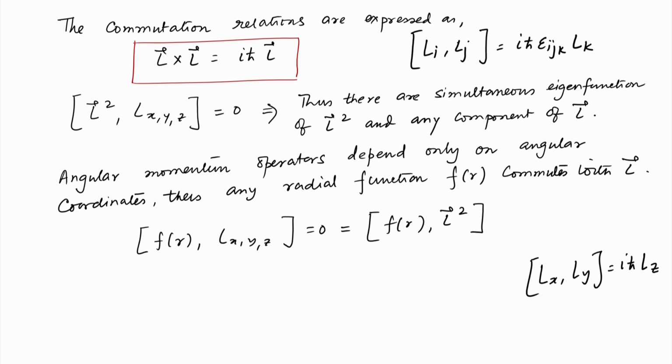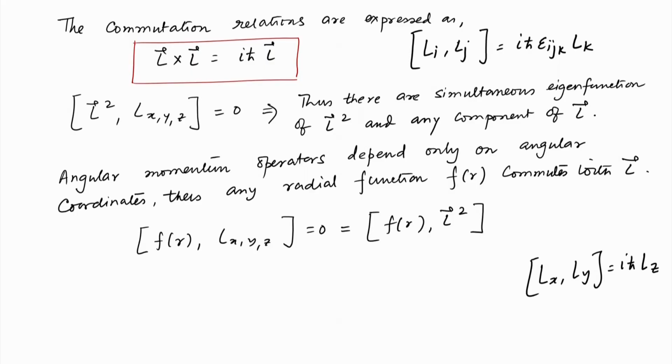Similarly, L square, the square of the angular momentum operator, commutes with all of these components Lx, Ly and Lz. So, they have the same simultaneous eigenfunctions, which means that L square and any component of L have the same eigenfunctions, and they can be diagonalized simultaneously.